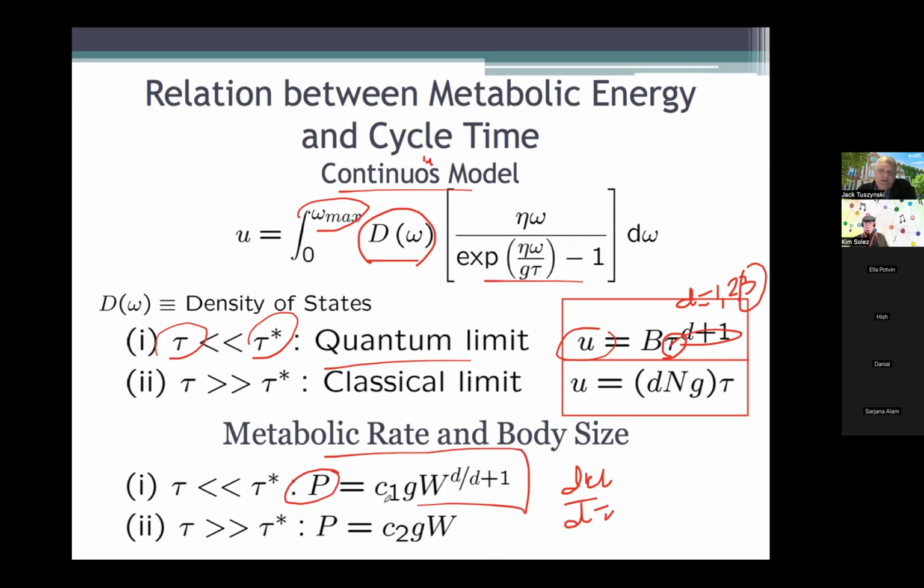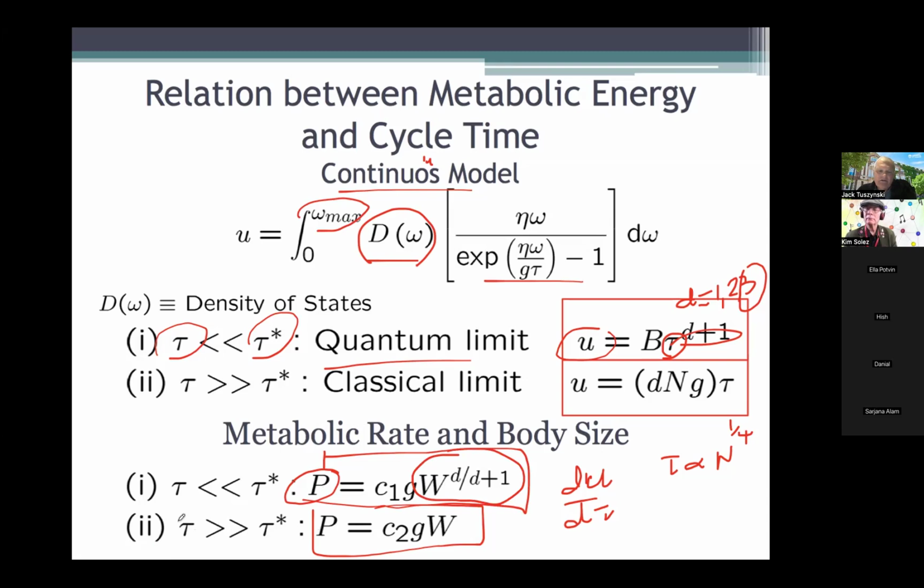P is the metabolic rate, and W is the weight of the organism. Remember, τ scaled with weight to the power 1/4. So anyway, when you do this, you obtain the final result, namely the metabolic rate.